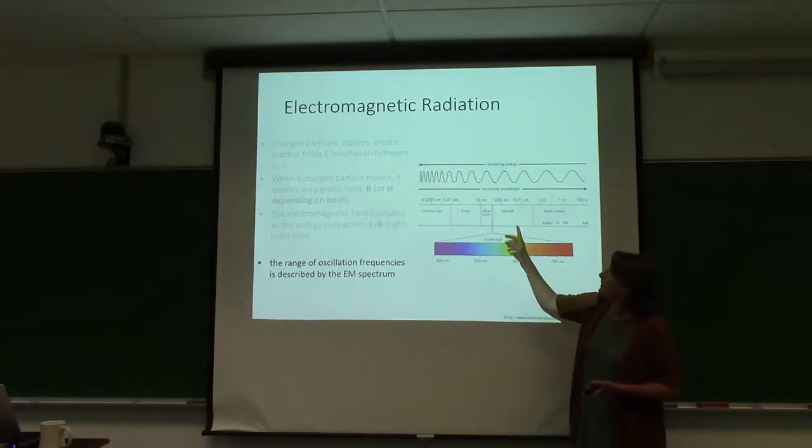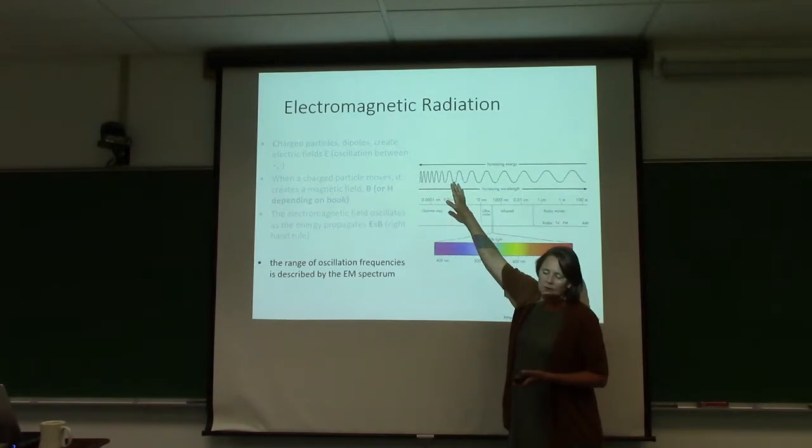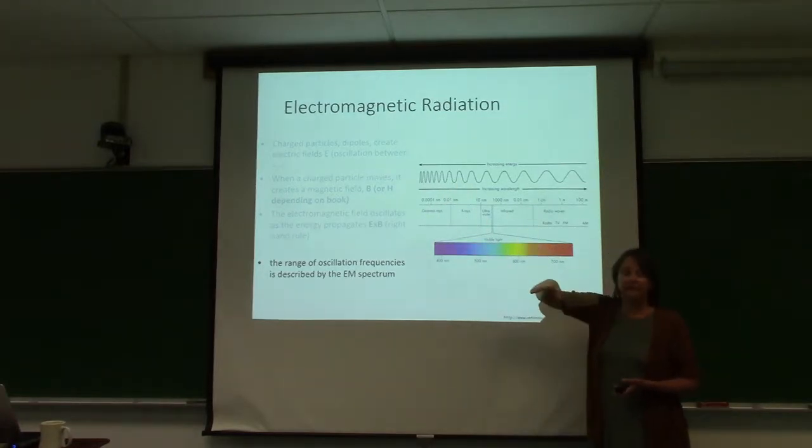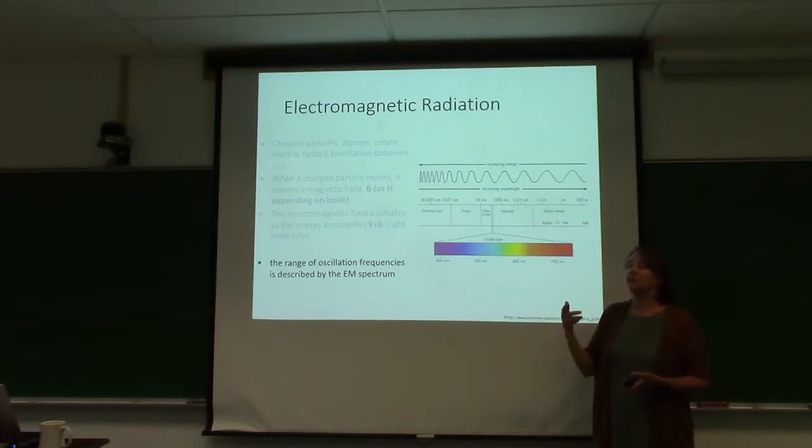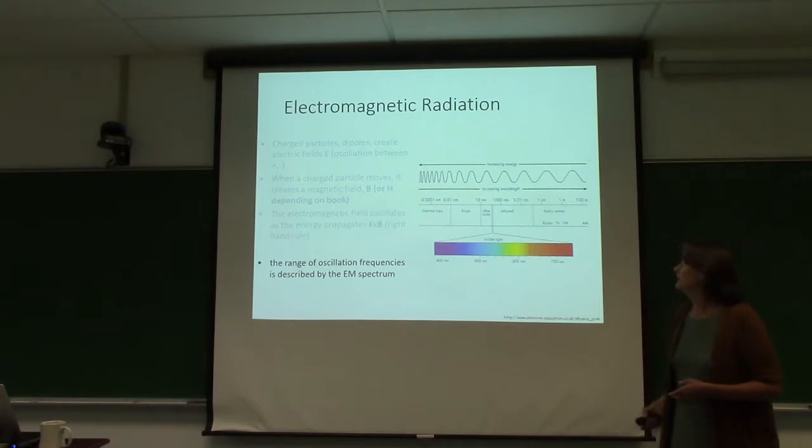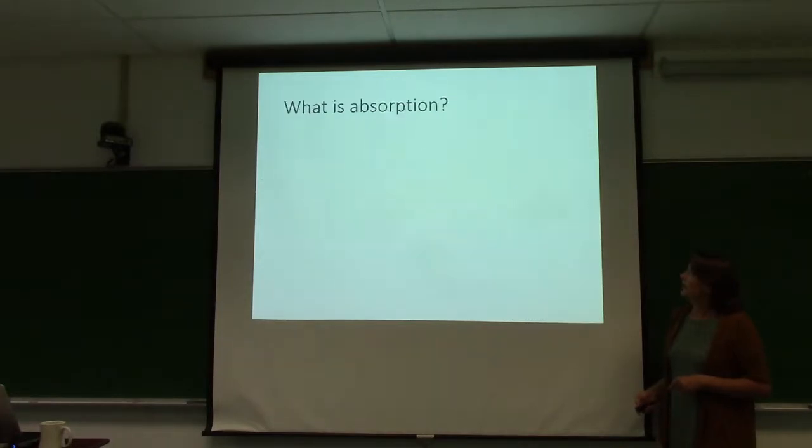Of course, the shorter wavelengths have the highest energy, so ultraviolet photons or frequencies have higher energy than, say, red wavelengths or frequencies. We're going to mostly be concerned with the visible spectrum in this class.